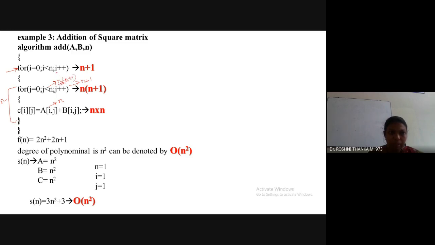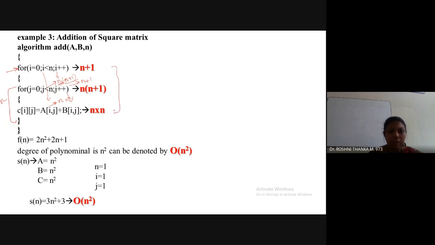And this statement will be executed for n times from the outer for loop, and because of the inner for loop again another n times, so n into n.